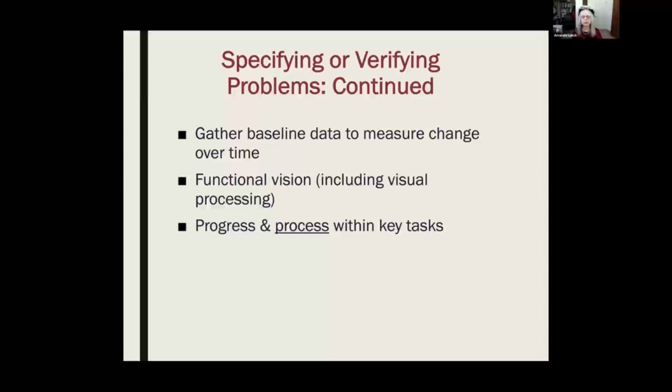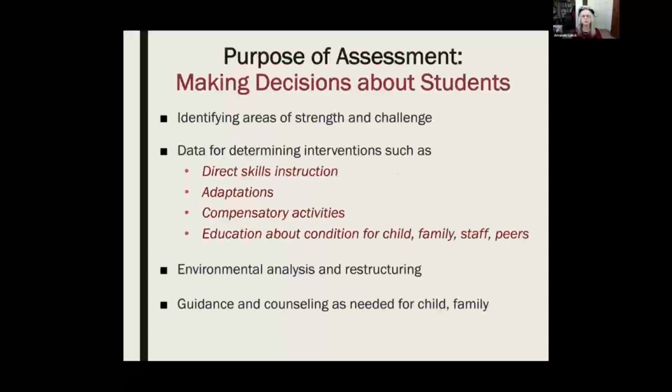And we're going to be stressing process within these webinars, because we don't want to just see the outcome of an assessment. We want to understand what it took the child to do to reach those outcomes, because those will help us determine the best interventions and accommodations.